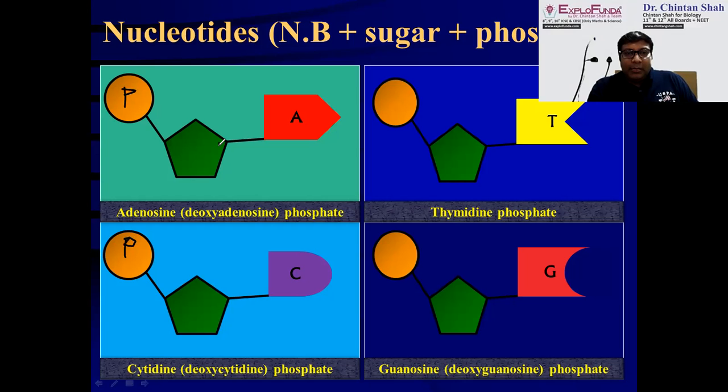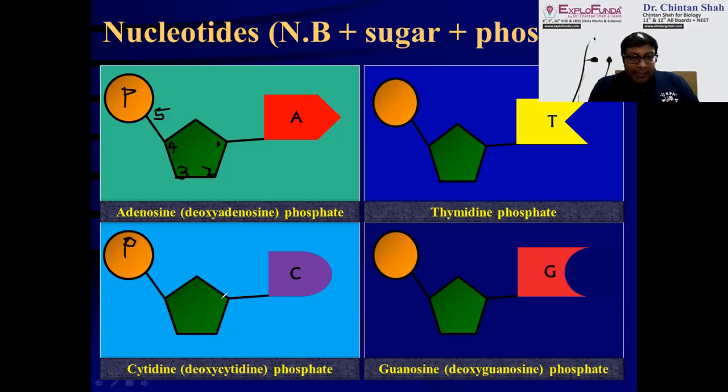Look here. This is the first carbon. This is the second carbon. This is the third carbon. This is the fourth carbon. And this is the fifth carbon. So the third carbon of the first nucleotide combines with the next nucleotide's fifth carbon.